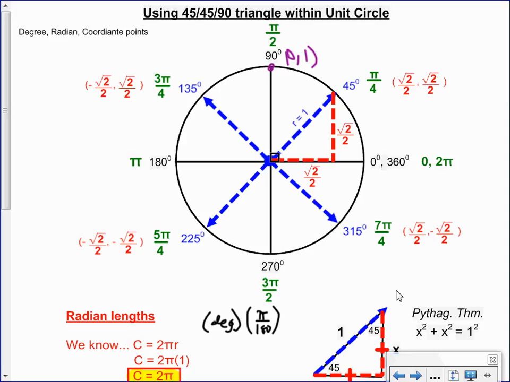So you can just count by pi over 4s on all the 45s. If not, you can also just multiply and figure it out using the multiplication part.